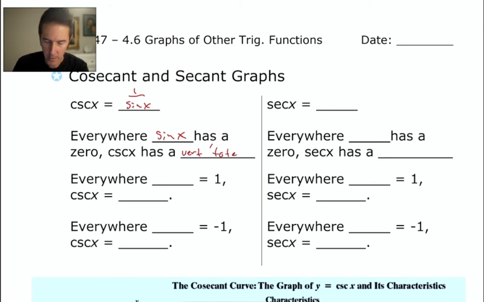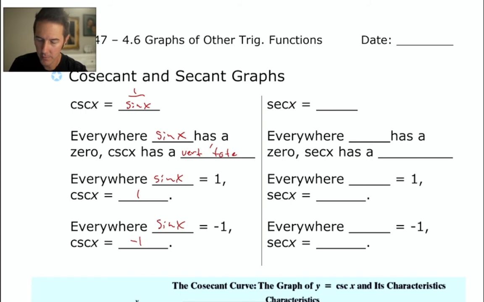Everywhere sine of x equals 1, cosecant of x will still equal 1 because the reciprocal of 1 is 1. Everywhere the sine of x is equal to negative 1, cosecant of x is equal to negative 1. I think you know why.